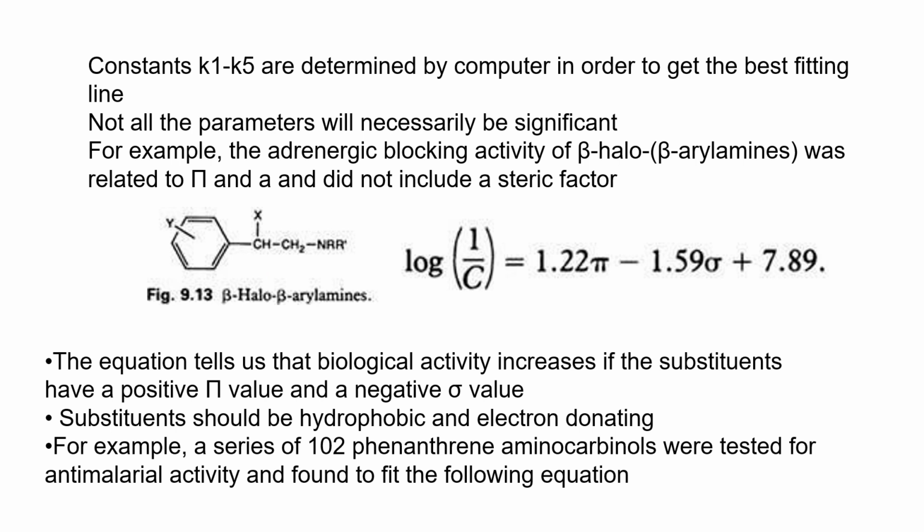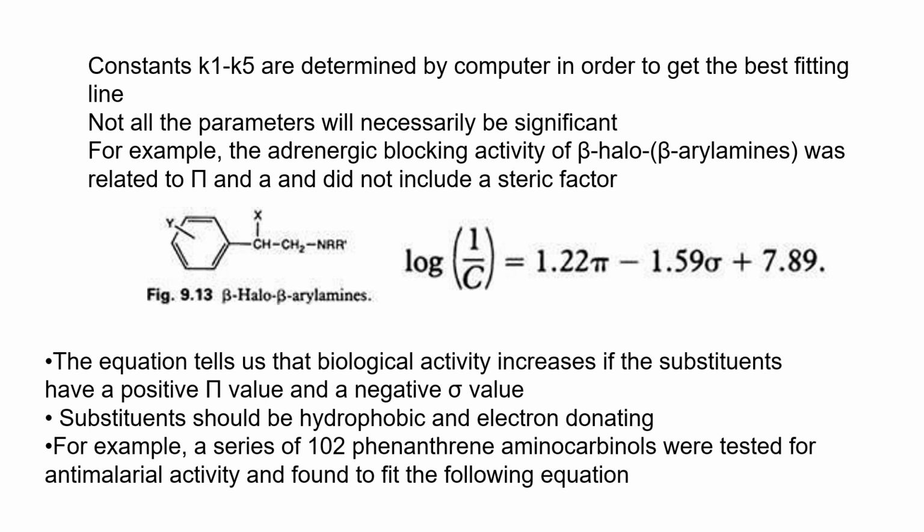So this equation, that is 1/C equals k1 pi minus k2 sigma plus k3, with a constant value of 7.89. If the pi values are positive and sigma values are negative, the substituent should be hydrophobic and electron donating. If we are going to make any substitution, it must be hydrophobic and electron donating.